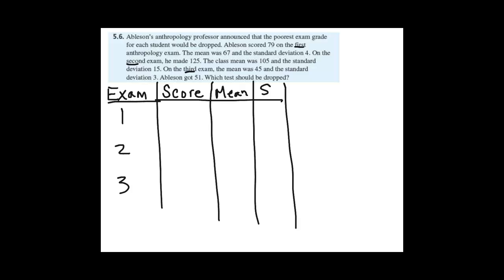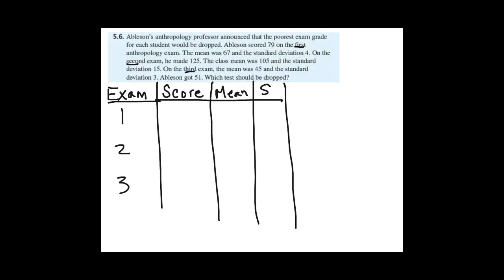So I'm just going to make myself a little table so that I get all of my values put together without getting confused. So I've got exams 1, 2, and 3. And for each exam, Abelson's going to have a score to compare to the class mean and the class standard deviation. Now let's gather the information out of the problem.